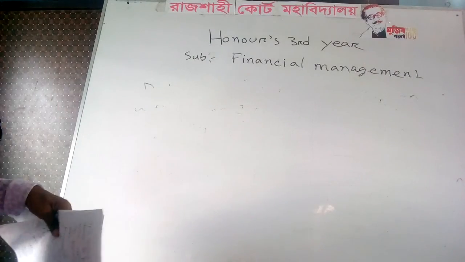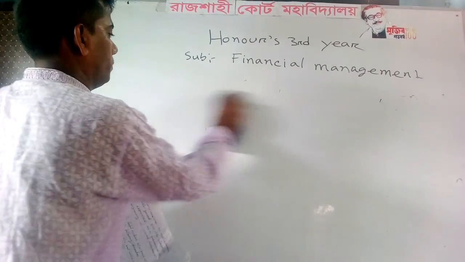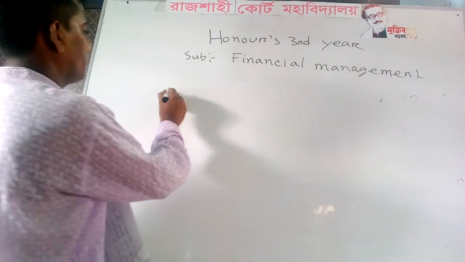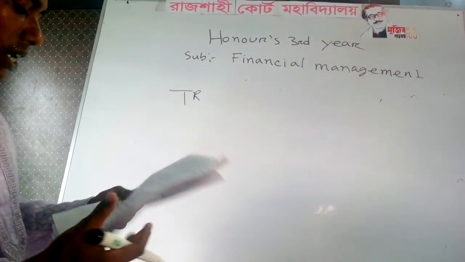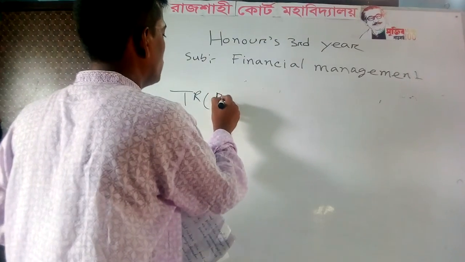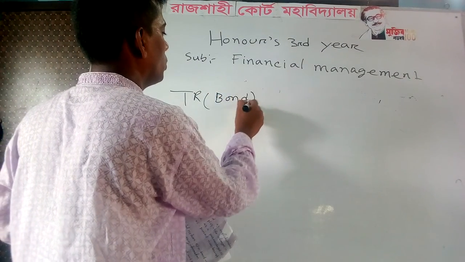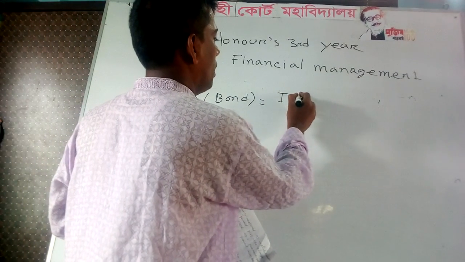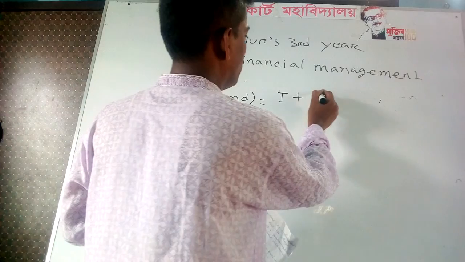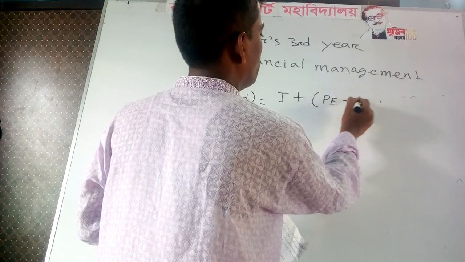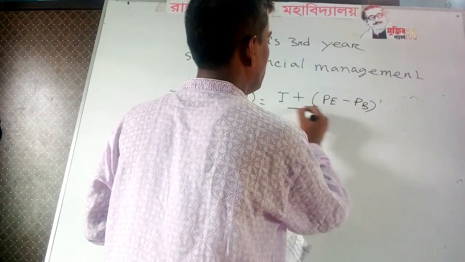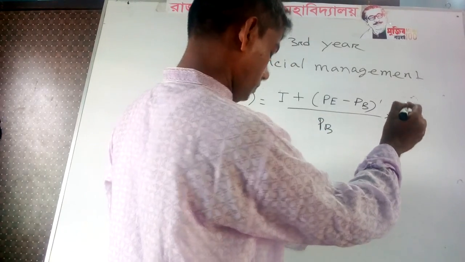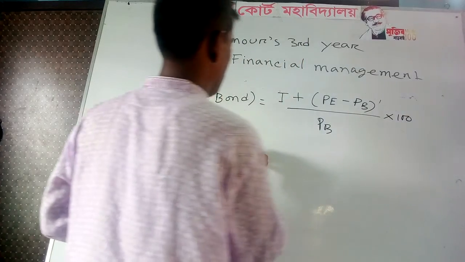Total return of bond. TR means total return. TR of bond equals I plus PE minus PB divided by PB into 100.